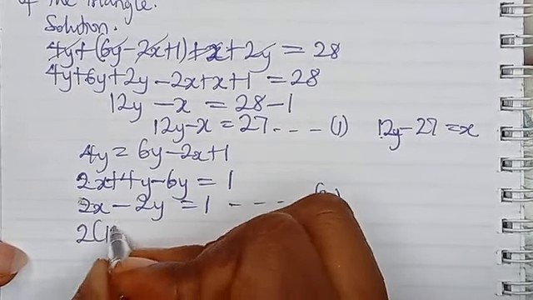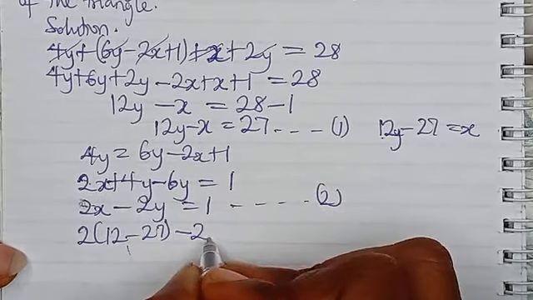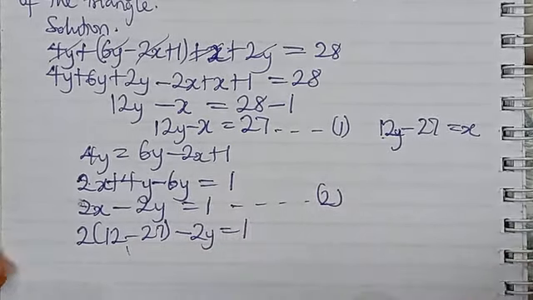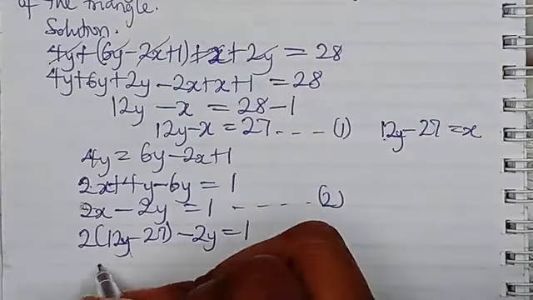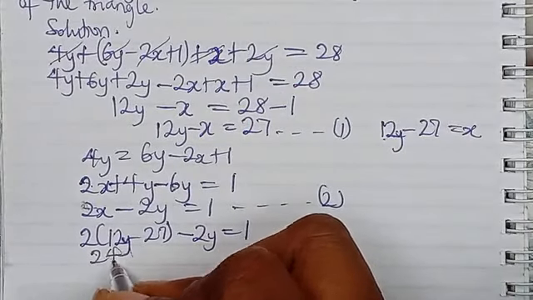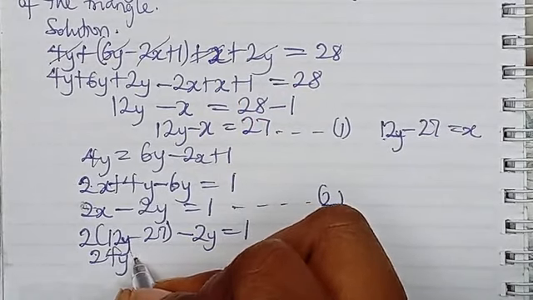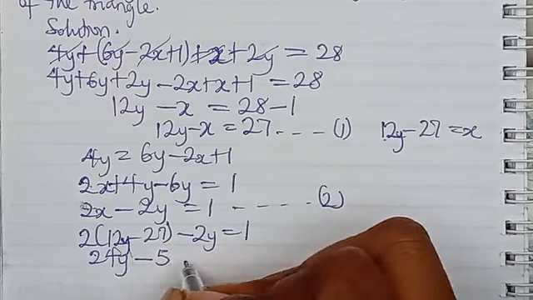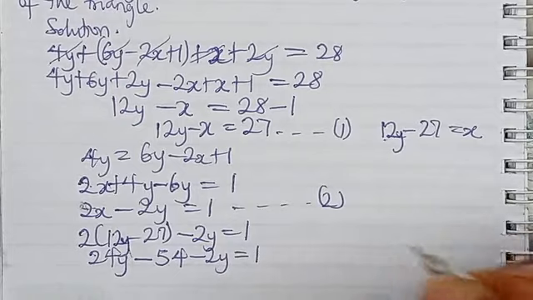We have 2 into 12y minus 27 minus 2y from the equation equal to 1. We open up brackets. We have 24y minus 54 minus 2y equal to 1.